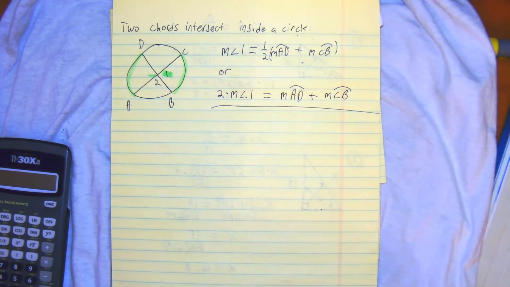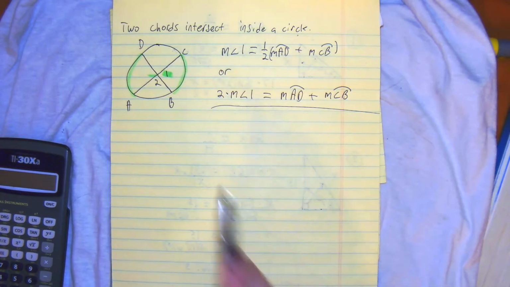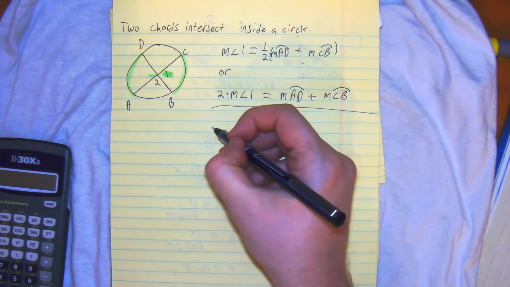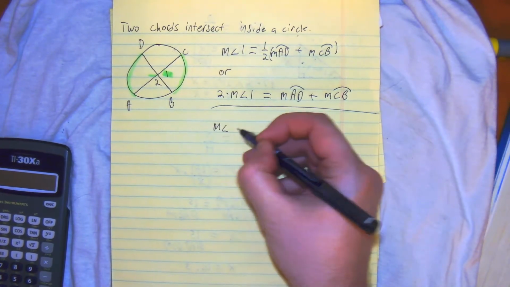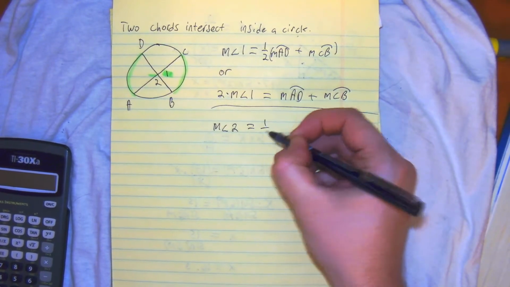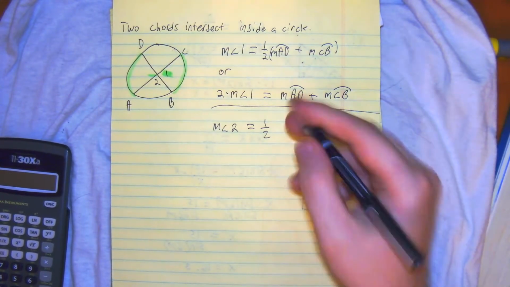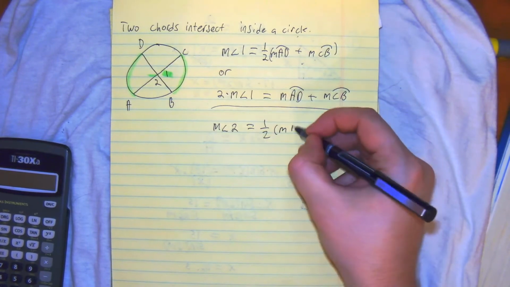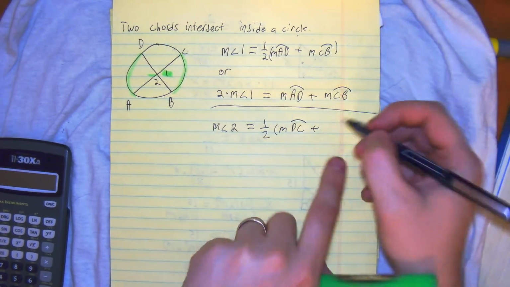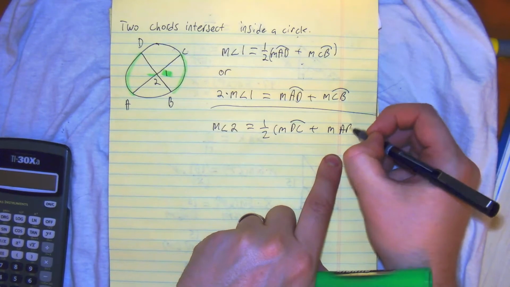Next, what we have here is for angle 2. Let's do it down here. The measure of angle 2 is equal to 1/2 of the measure of DC plus the measure of AB.